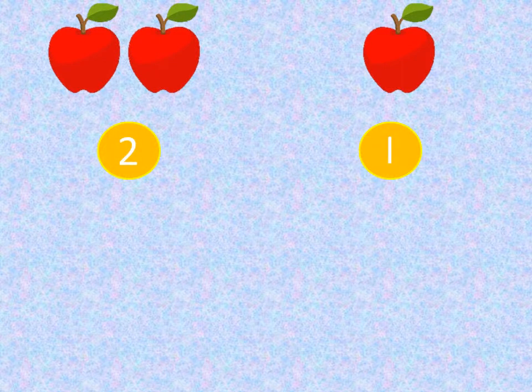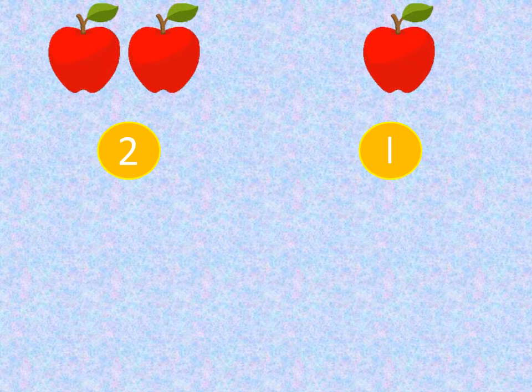What is this? This is an apple. How many apples are there? There are 2 apples. Here only 1 apple. 2 apples and 1 apple. How many apples are there all together?